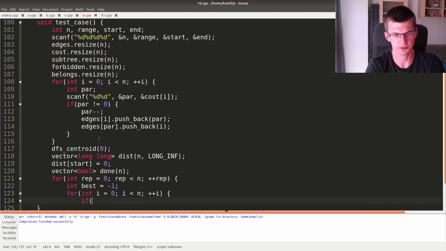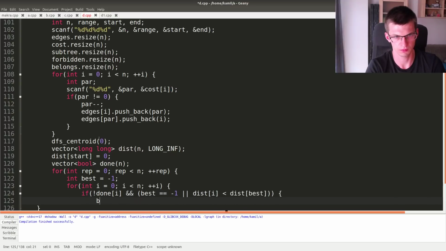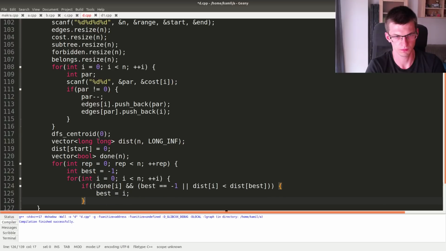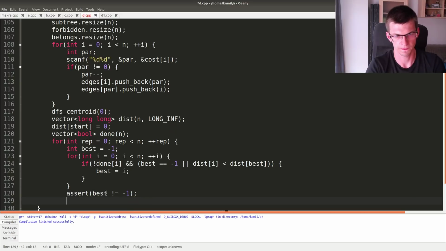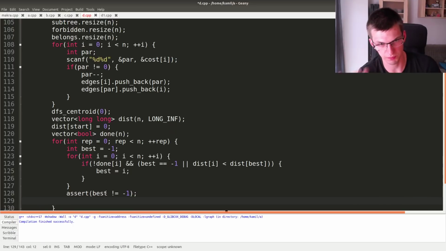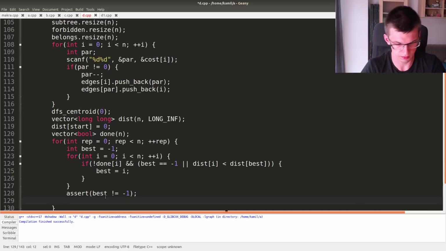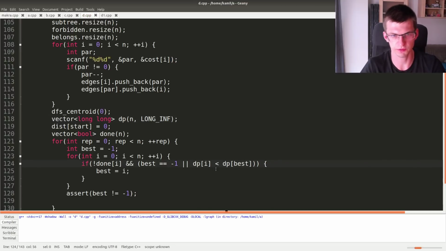Find the one with smallest distance from the start, and propagate from this guy. He has some DP. Let's call this DP. I like that. Not to confuse with distances in a tree.